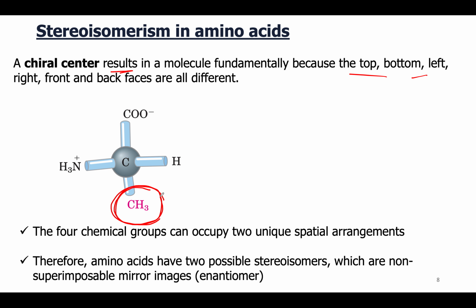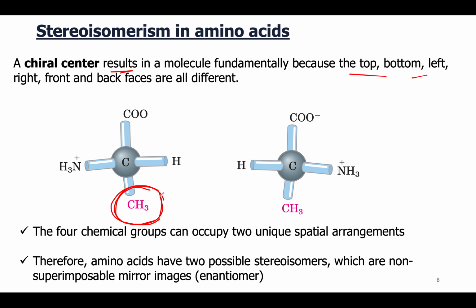Now, these four chemical groups can occupy two unique spatial arrangements. Therefore, the amino acids have two possible stereoisomers which are non-superimposable mirror images. This kind of isomerism is sometimes referred to as enantiomerism.